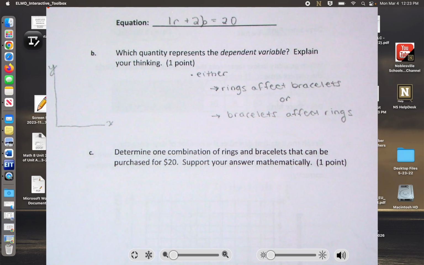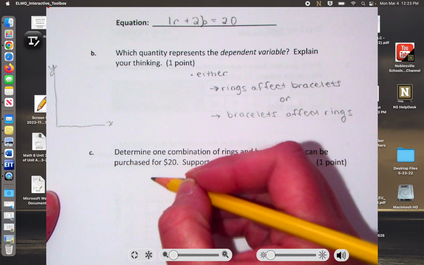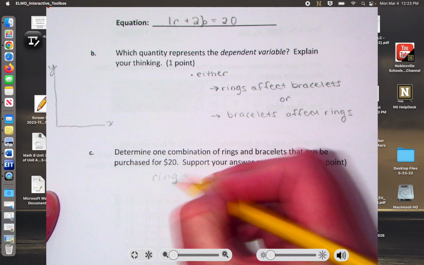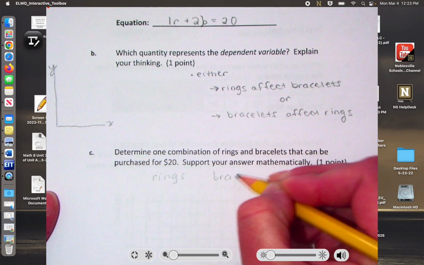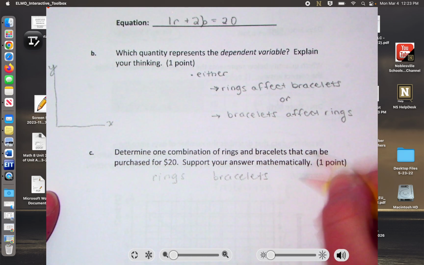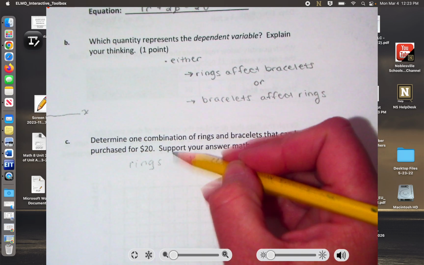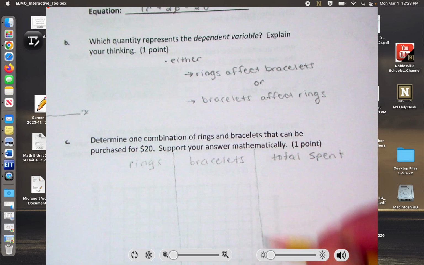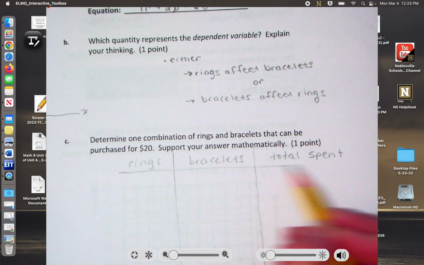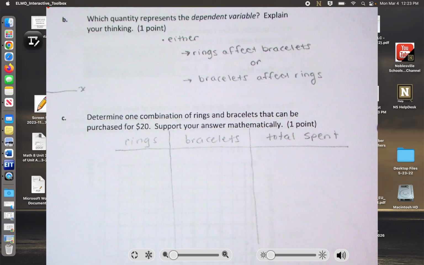If you weren't sure how to do this, you could make a table. Rings, bracelets, and then total spent. And you could just do different combinations until you come up with one that equals the $20, right? So let's say I bought 3 rings.